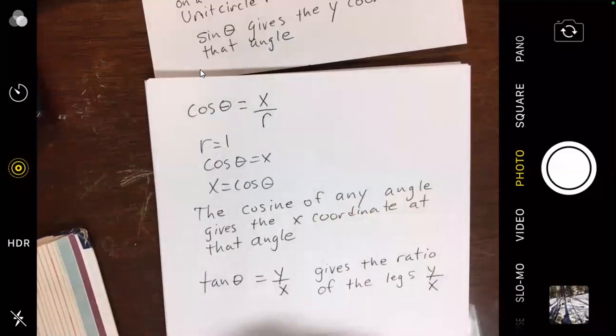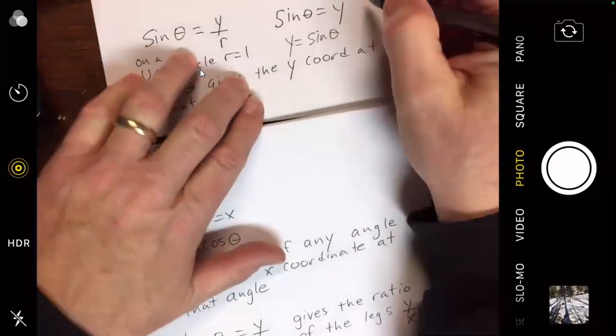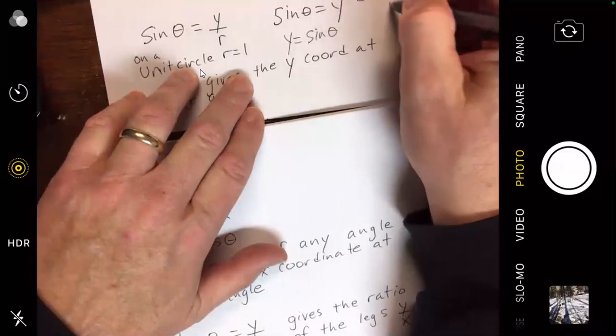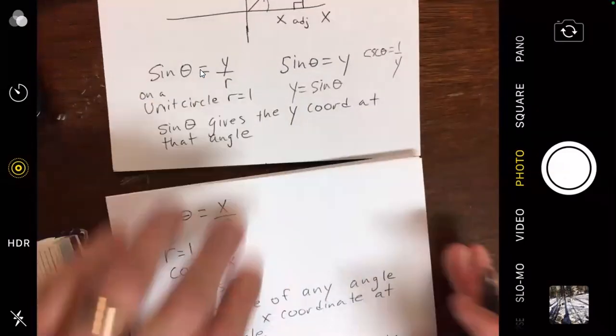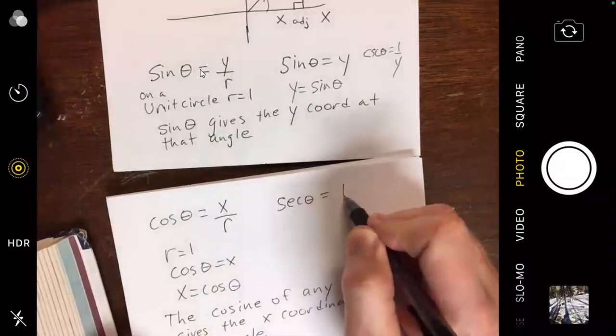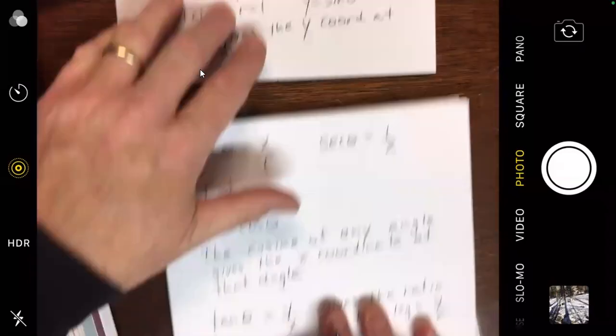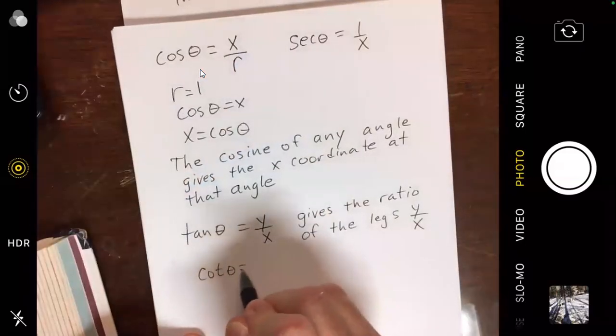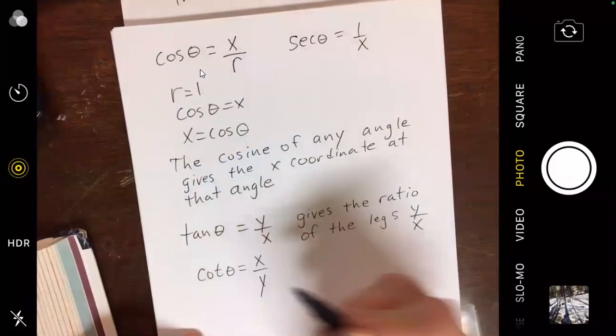Of course, then you can flip them. Maybe I should put it up here. Your cosecant theta is 1 over y. Just flips them. Your secant theta, 1 over x. And your cotangent theta flips the tangent, x over y.